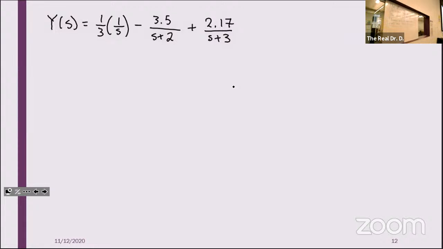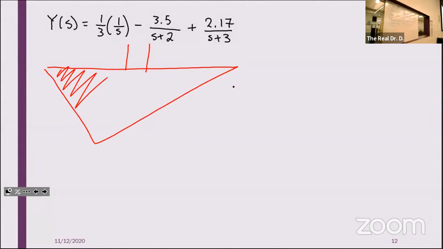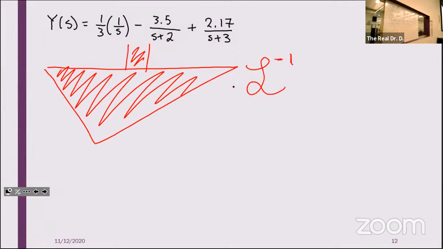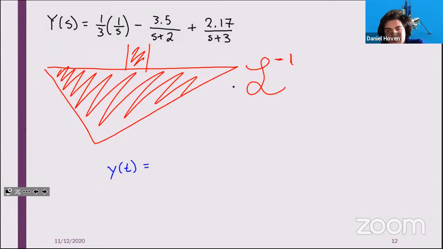So now I'm ready. I go to my Laplace transform table. What's 1 over s in the Laplace transform table? One over s is just 1. It's just a step.